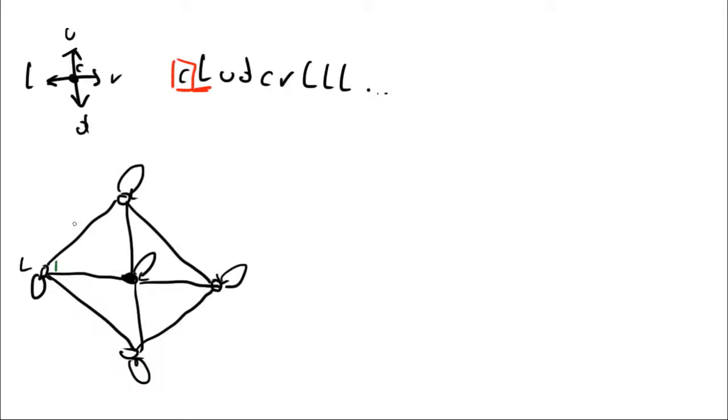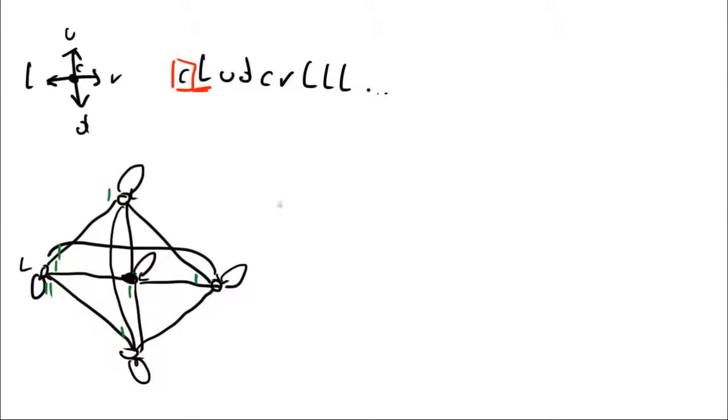Now we're left, now we're going up, then directly down, we're going to the center again, we're going right, we're going left, and then we're going 2 times left. And we would usually do that for a lot of samples to get more robust and more stable data.